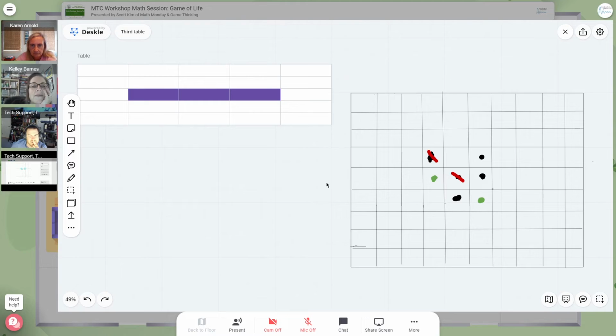Yeah, those are going to come in. And then these are going to grow. All of these are going to grow in, more knobs on the outside. Yeah, these are going to die. And these are going to come in here.